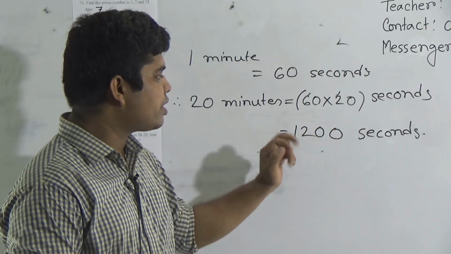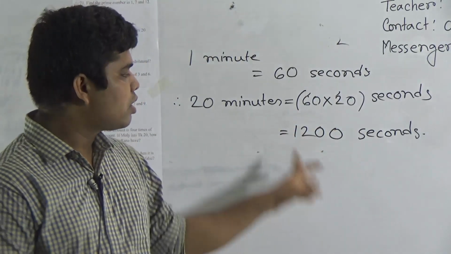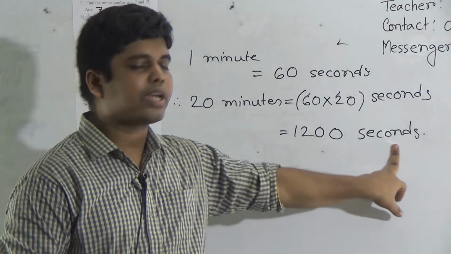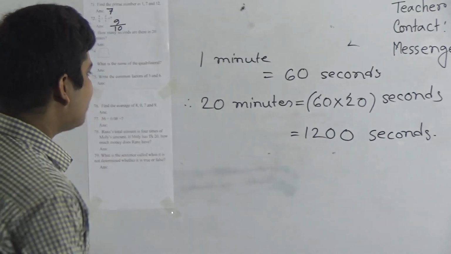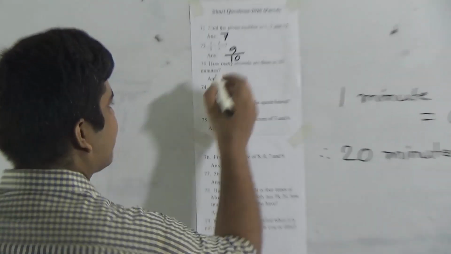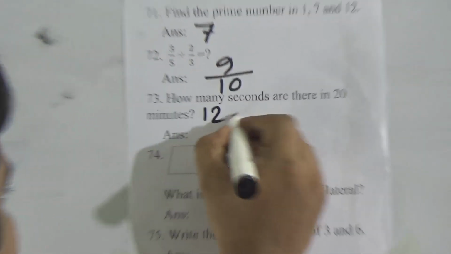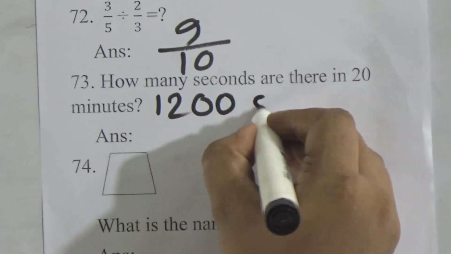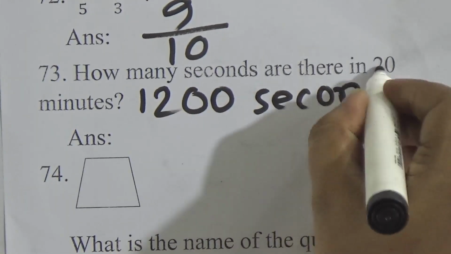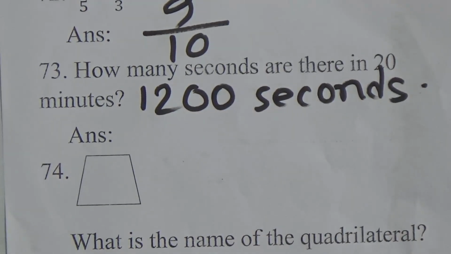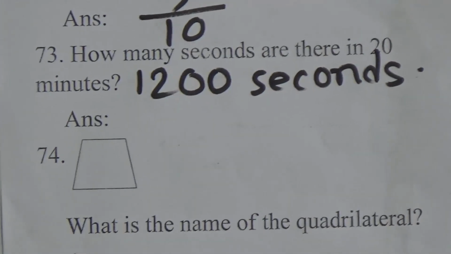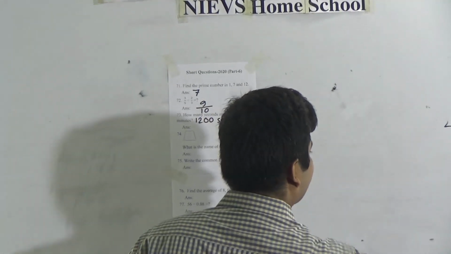So these 2 zeros are written after 12. That means 1200 seconds will be in 20 minutes. Okay. So the answer is 1200 seconds.